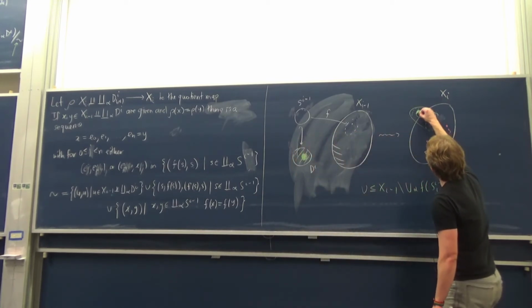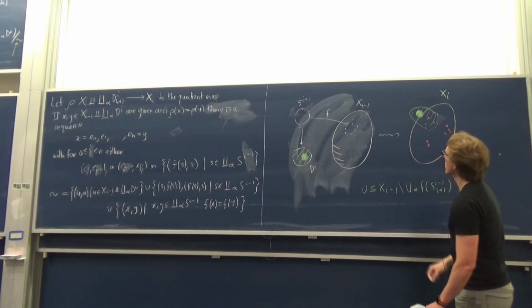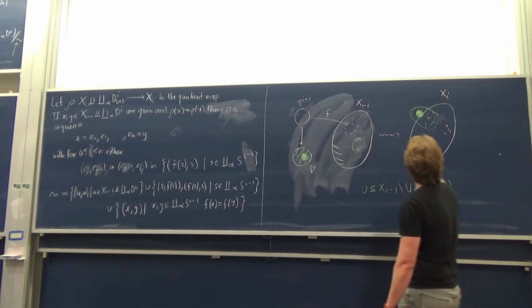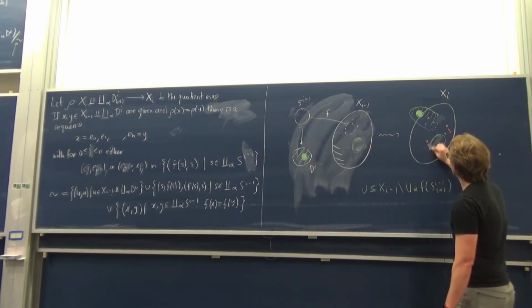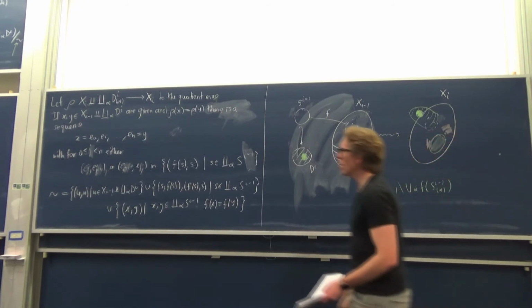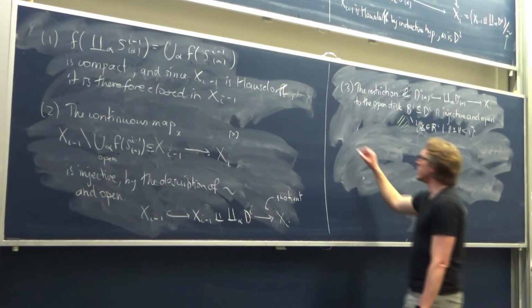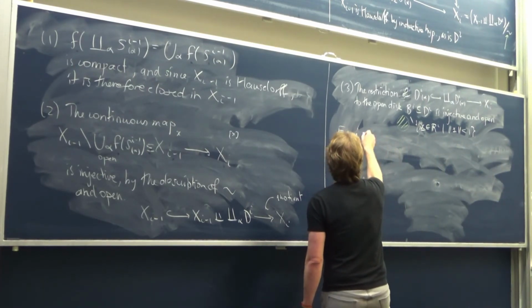The image of that in the quotient is something that looks like that. So that's some open part ended up as some open part. Okay, so here's the easy cases of the Hausdorff.